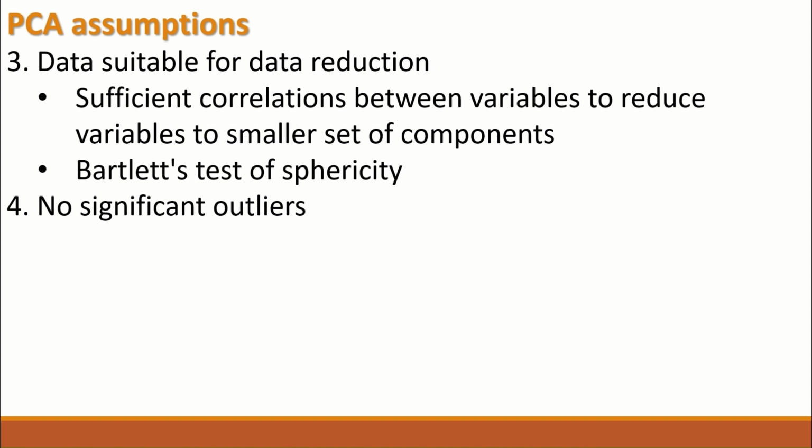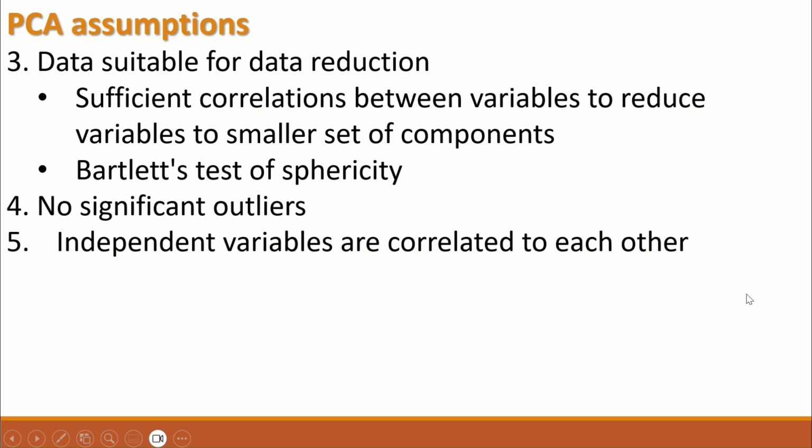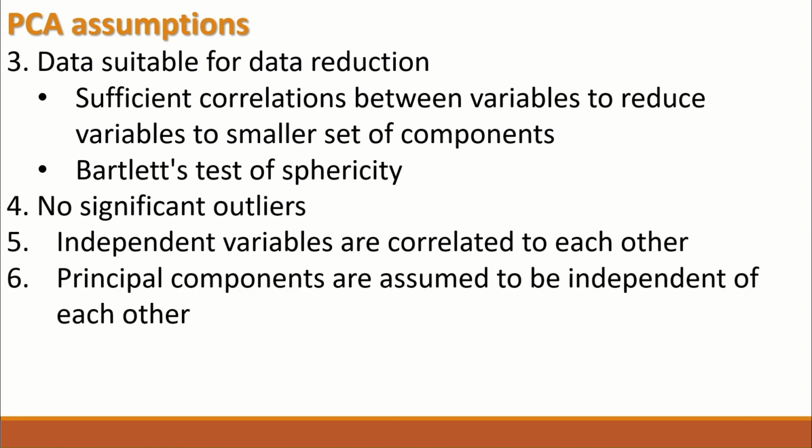The fourth assumption is that there are no significant outliers, and the fifth assumption is that the independent variables are correlated to each other. Another assumption is that principal components are assumed to be independent of each other.